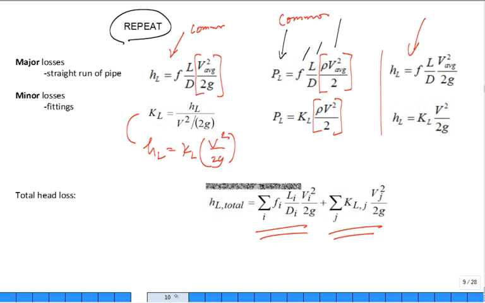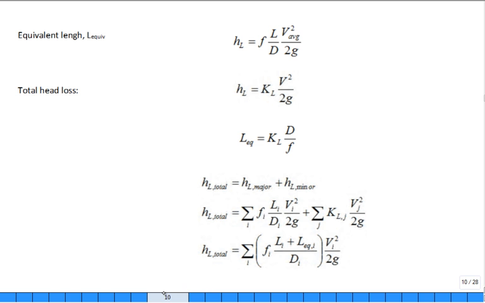That look good? So now you can talk about equivalent length. A lot of times people will say that I put this fitting into the system. It has a loss coefficient of K_L. But what I could do is say I want to multiply f times some equivalent length divided by diameter times V squared over 2g and have the same head loss.